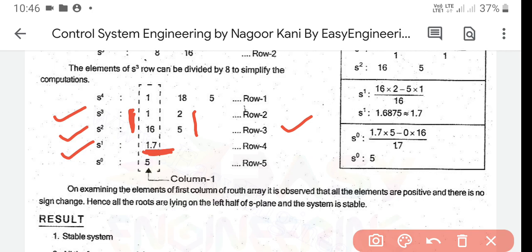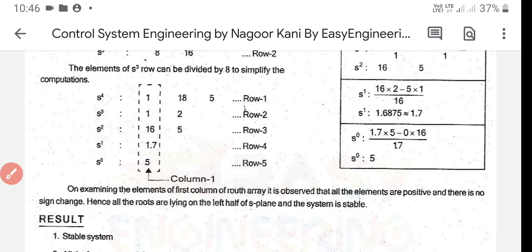For s power 1 you consider the previous row element, that is the s power 2 first element, that is 16. So you write the value as 16 into 2 minus 5 into 1 divided by 16, that is nothing but 1.7.